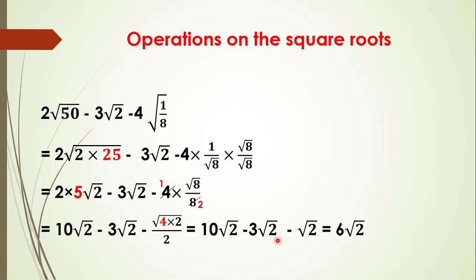Okay, so from the beginning we can put 4 inside the root, but it will be 16. 16 over 8 is 2, the same way. The result will be root 2.